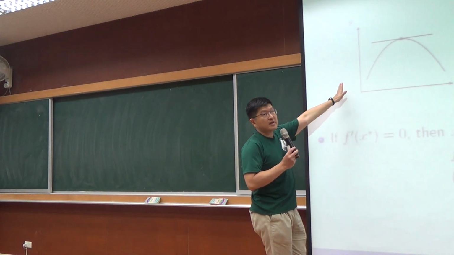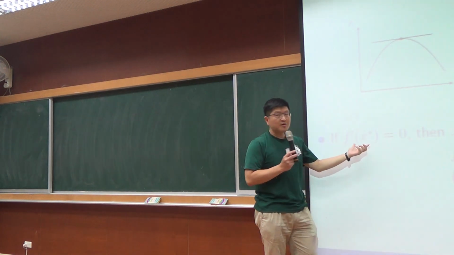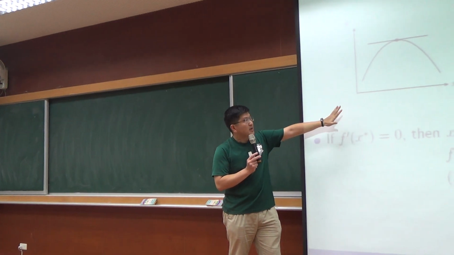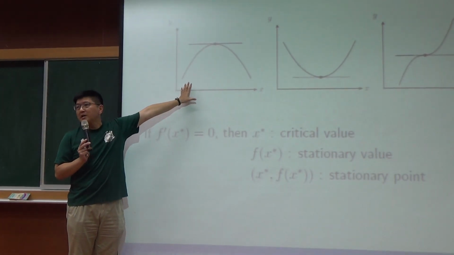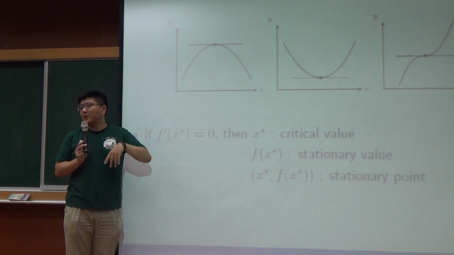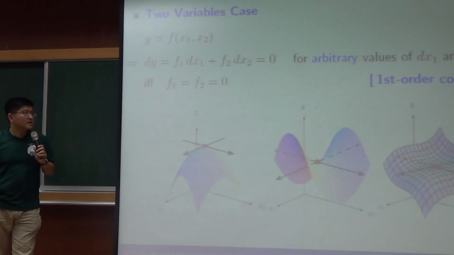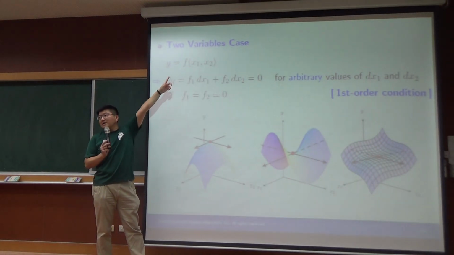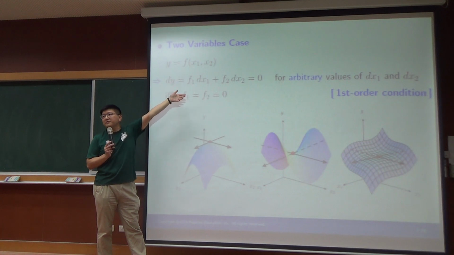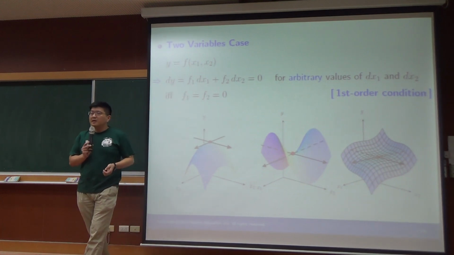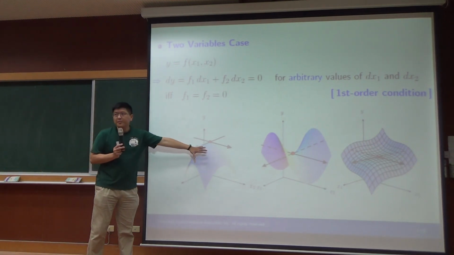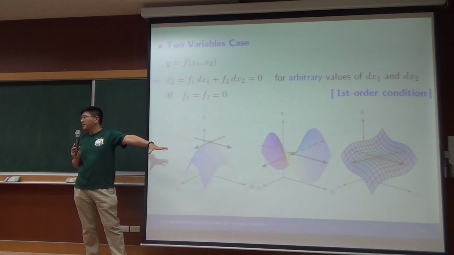Just see something like this. With one variable, the function is a one variable function. So we can easily make the two-dimensional diagram to understand it. But if for a function there are two variables in the function, two arguments, like y equals f of x1 and x2, then the shape would be a 3D shape, okay?